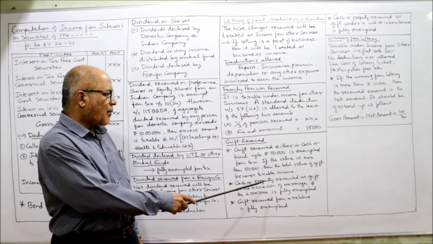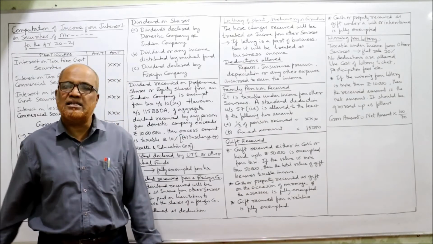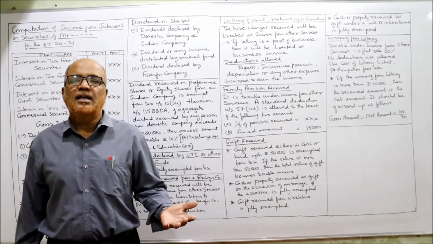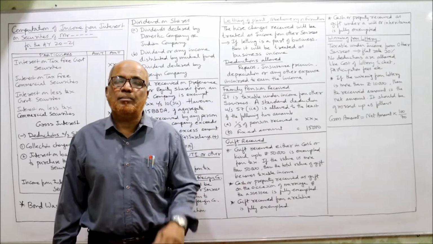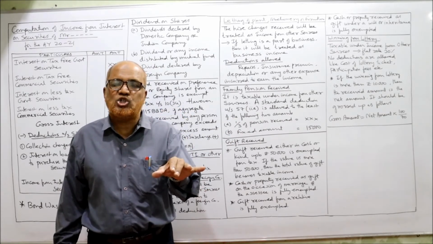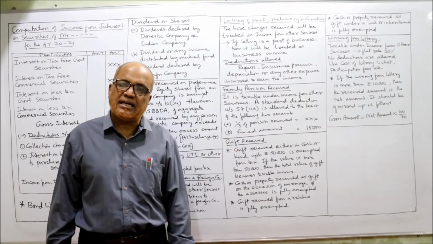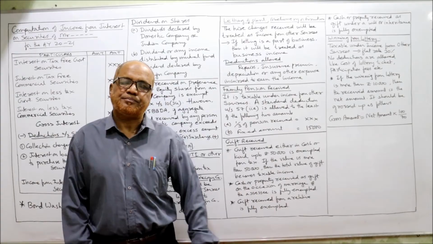Second, cash or property received as gift on the occasion of marriage of the assessee is fully exempted. Many a times, the assessee at the time of marriage, he is getting some gift. So all the gift received on the occasion of marriage is completely exempted. Similarly, gift received from a relative is fully exempted.